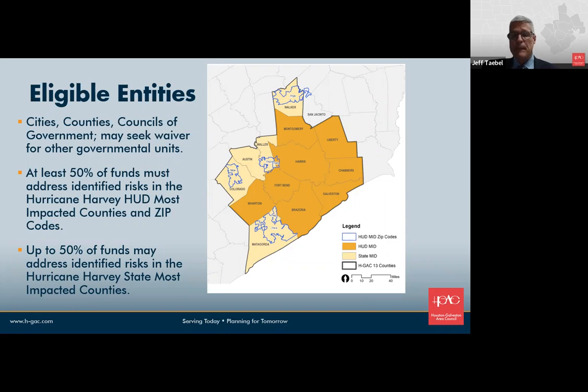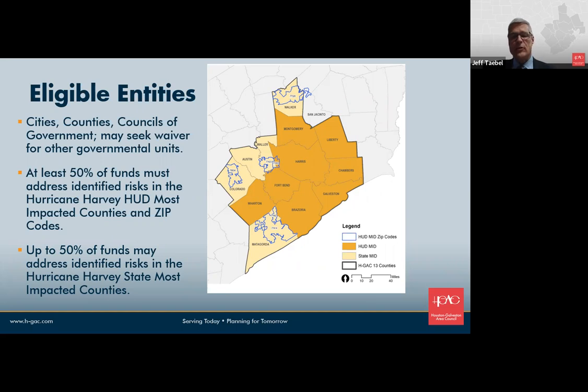So the region in this map has been divided into two categories. The first is the orange color that you see on a number of the counties, as well as these blue zip codes that have been identified in some of those lighter shaded counties. That is what is called the HUD most impacted counties and zip codes.